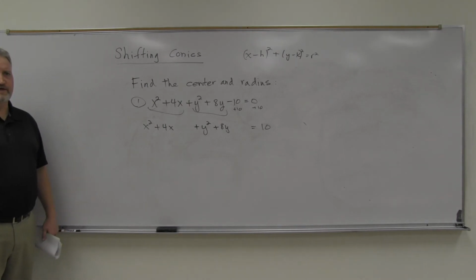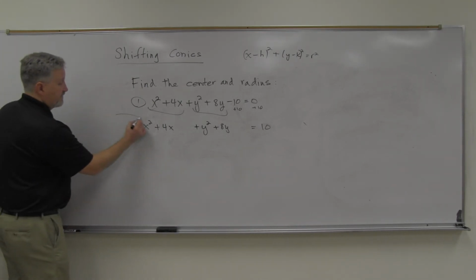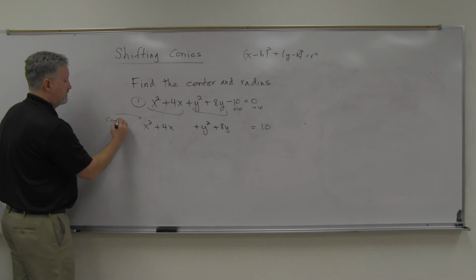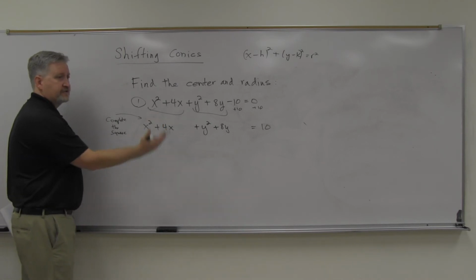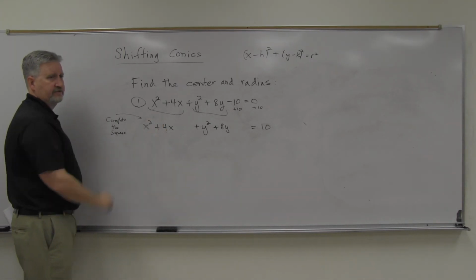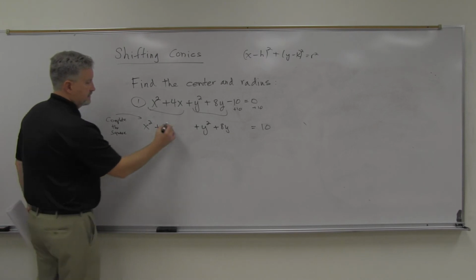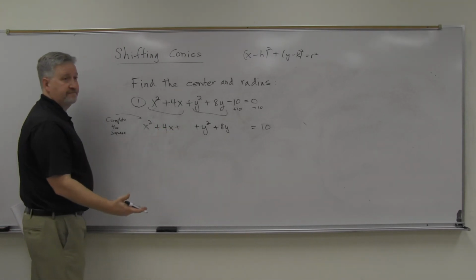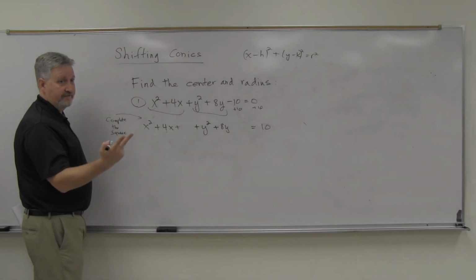All right, with me so far? All right, so if I complete the square on those x's, how do we do that? Half the middle term squared. If this is 1x squared, you take half that middle term and you square it. So half of 4 is 2, squared, it's back to 4.